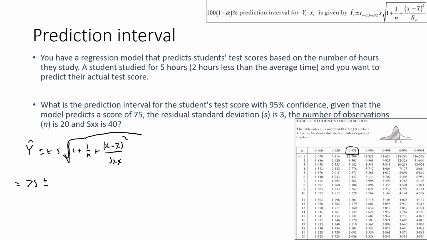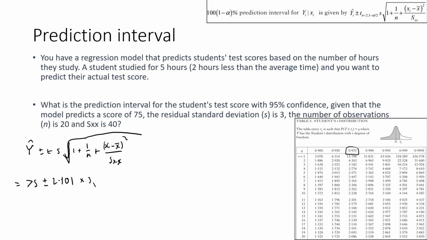And then for the v, or the degrees of freedom, it's n minus 2. So we have an n of 20, so it's 18. We go down to 18, and then that column is 2.101.